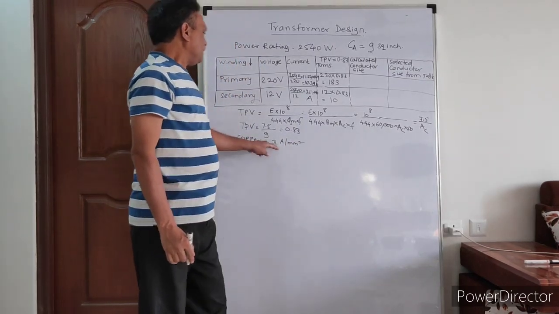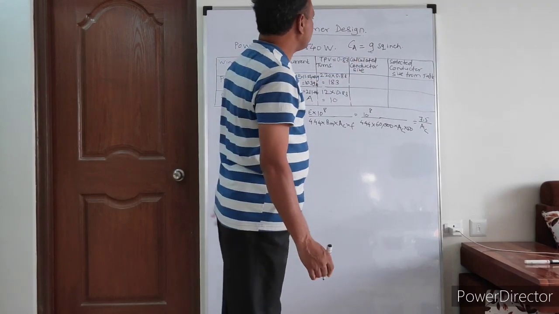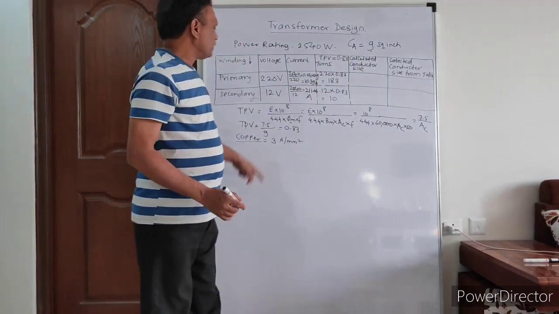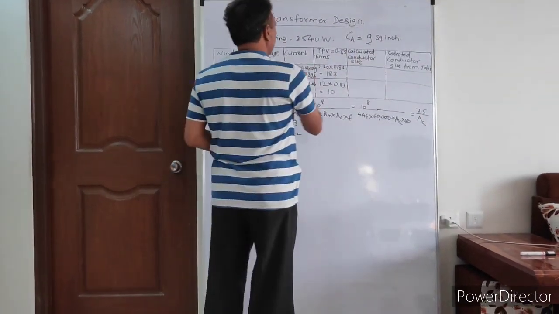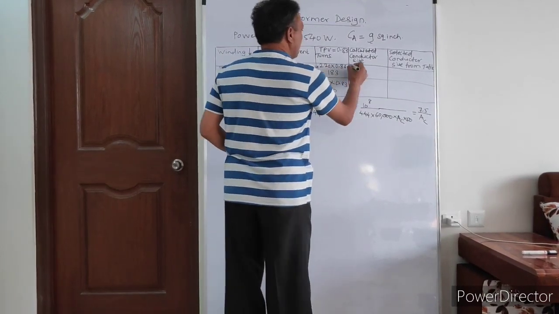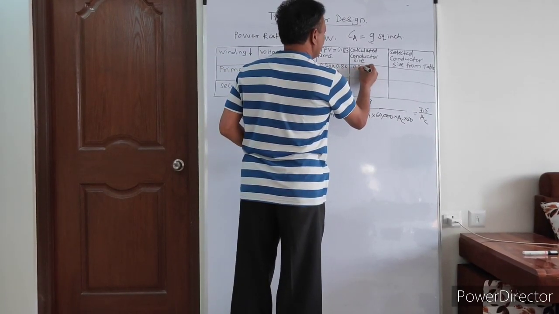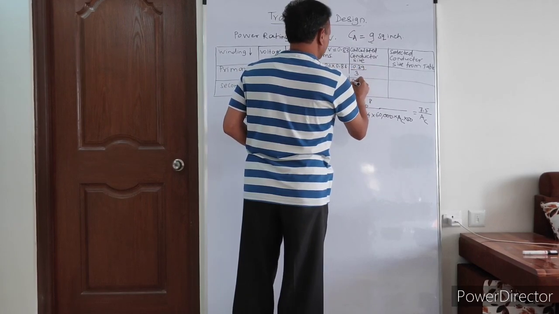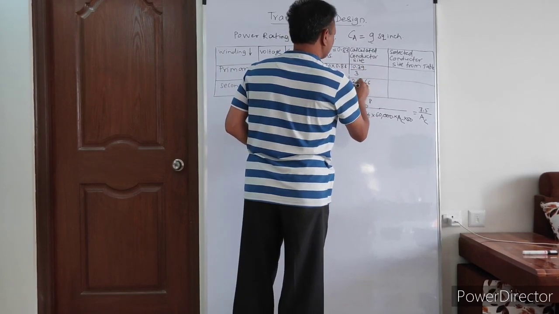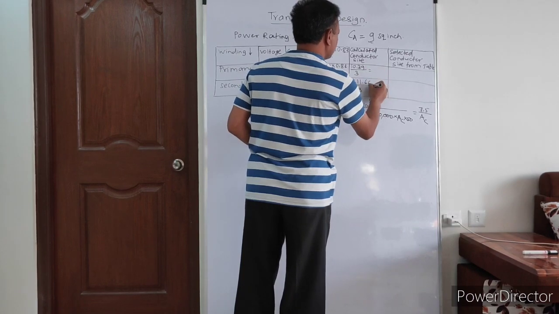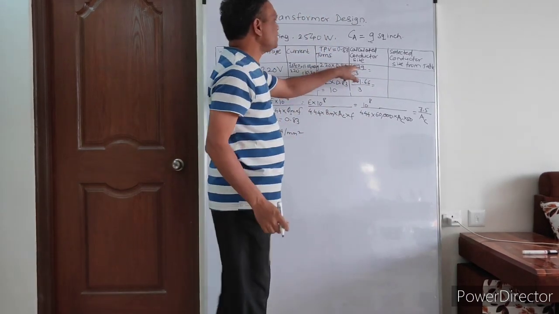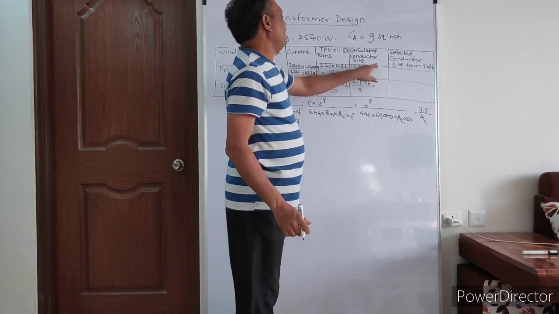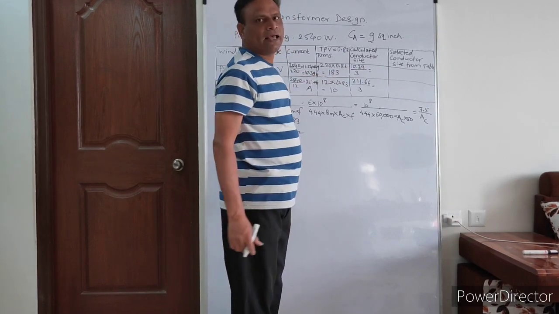Now if I want to calculate the conductor size, that means the conductor area, then what do I have to do? I have to divide this current by the current density. This will give you the value of the conductor area, because this is in ampere and this is in ampere per mm square.